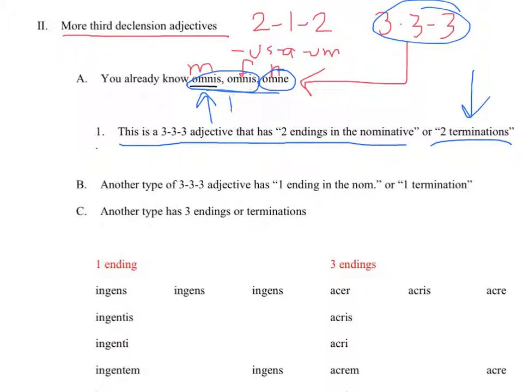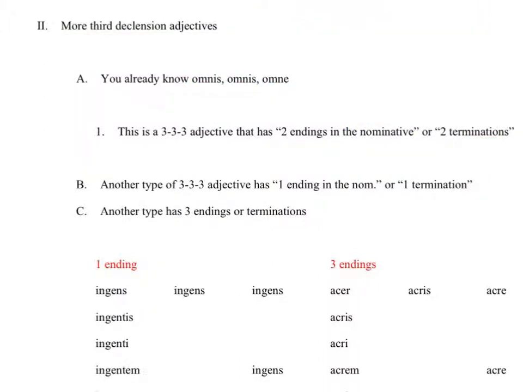In other words, this adjective type has two different kinds of endings in the nominative. When you look in a dictionary, the first and the second entry, the masculine and the feminine entry, are the same. And then omne is different, so this is an adjective of two endings or two terminations.